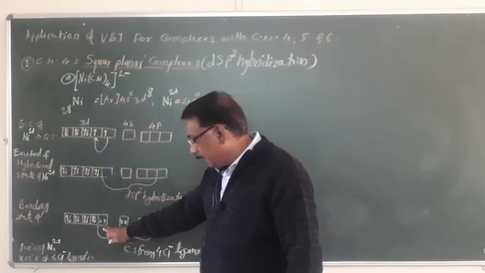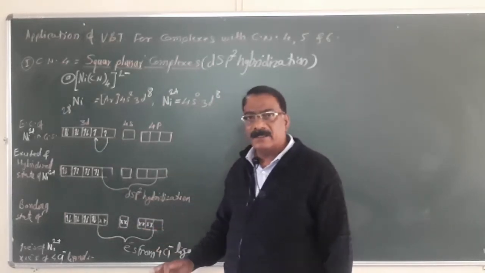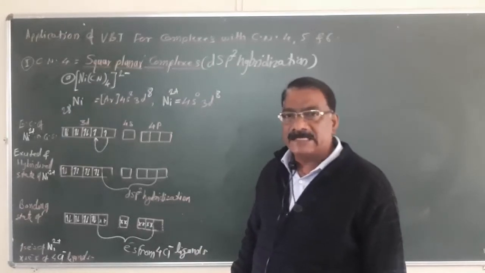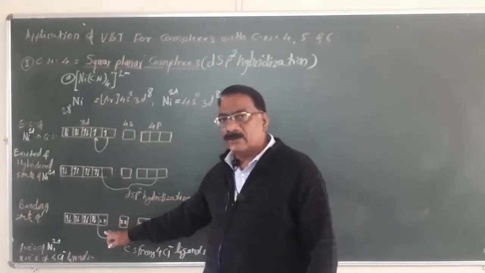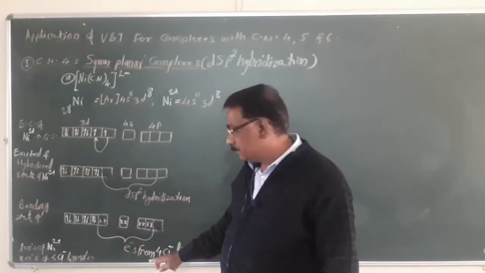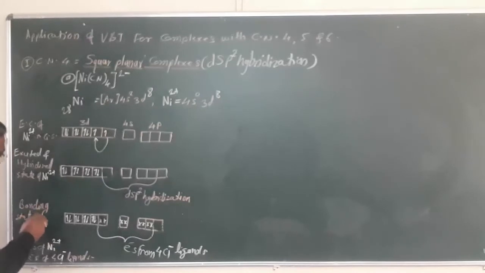These empty hybrid orbitals can accept the electrons from the ligands. Here there are 4 ligands, and those 4 ligands can donate electrons into these 4 orbitals. Here is the bonding state of this Ni2 plus in Ni(CN)4.